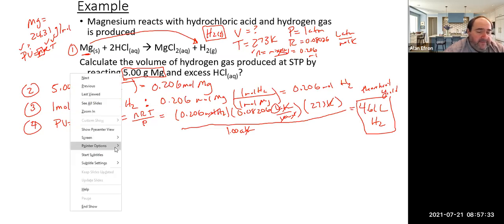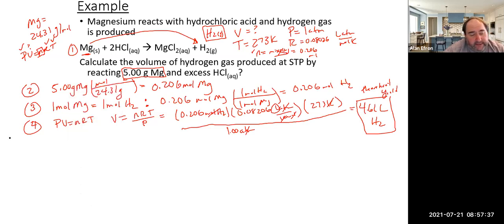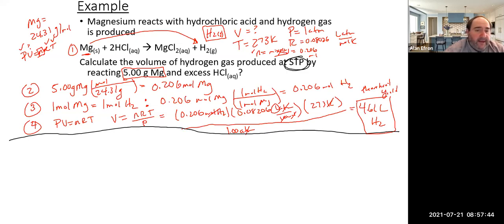Now, we could have solved it a little bit differently as well, just to show you an alternative way you could have done this. And it is because we were at STP. Remember that at STP, 1 mole of any gas is the 22.414 liters that we were talking about earlier.